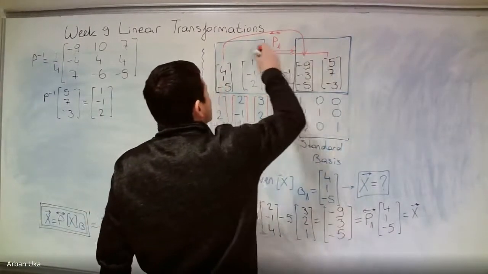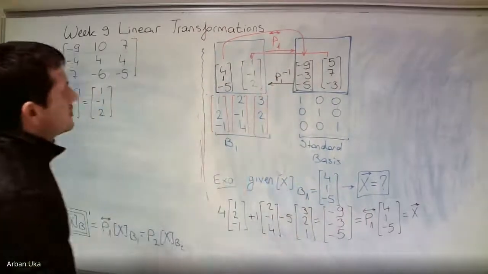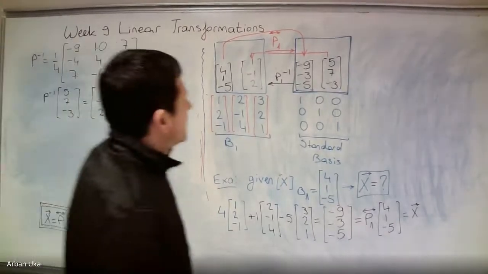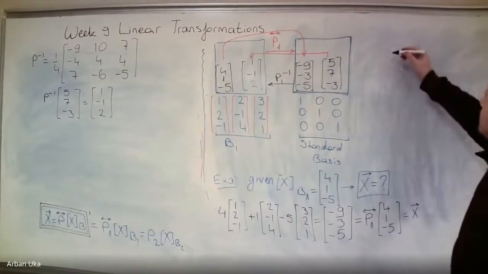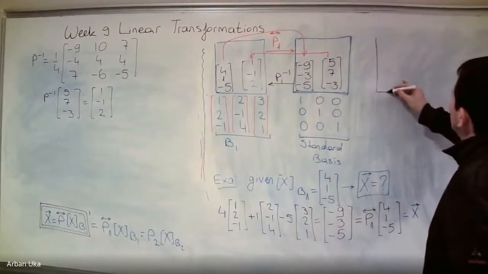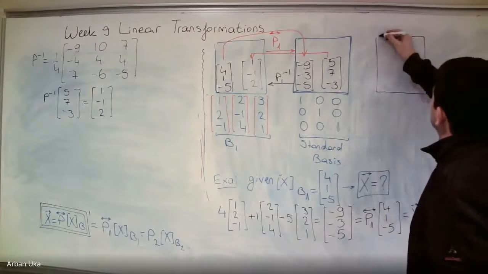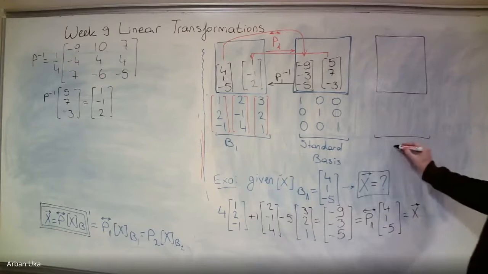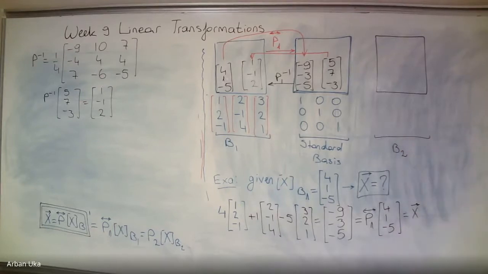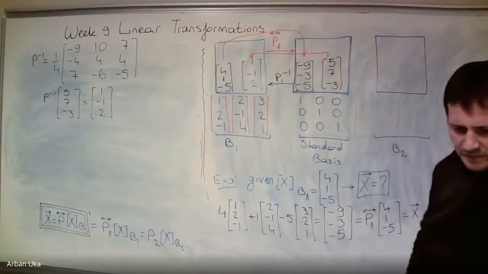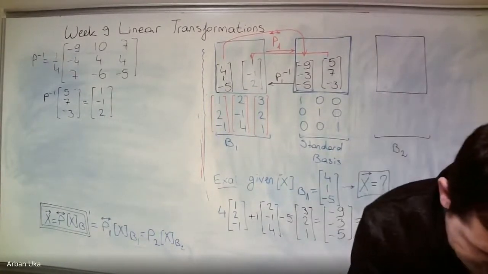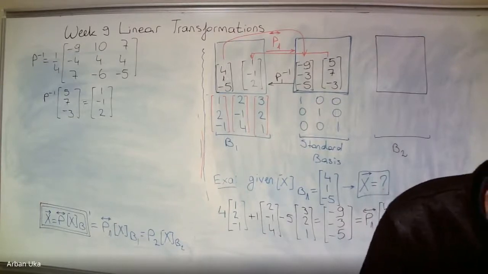So we move this way by applying the P1 inverse. Okay? Now, this was the basis change. Now, what we can do here is construct also another basis, which would be basis B2. Okay? And in this basis B2, maybe you can help me. Let me try to identify if I have any, wait a second, any inverse matrix.